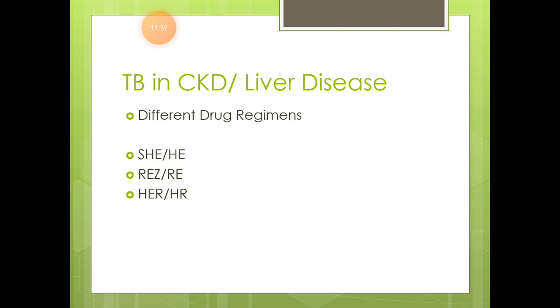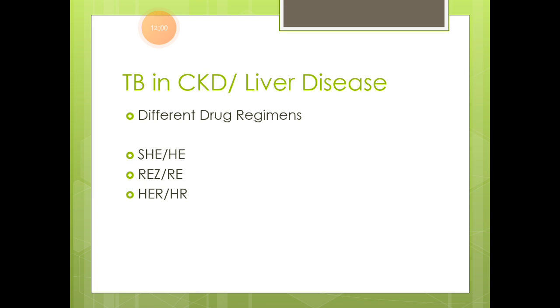And then considering the special situations, TB in CKD and liver disease, what's important here is the drug regimens. With nephrotoxicity and liver toxicity of anti-TB drugs, there are some instances where we can't use the usual regimen.